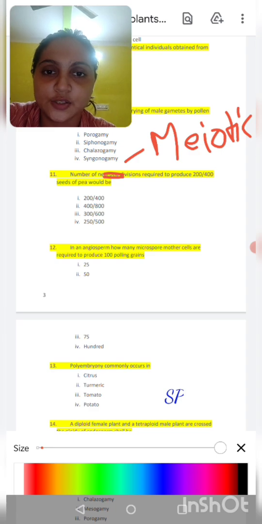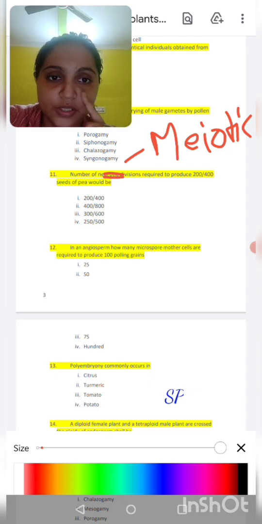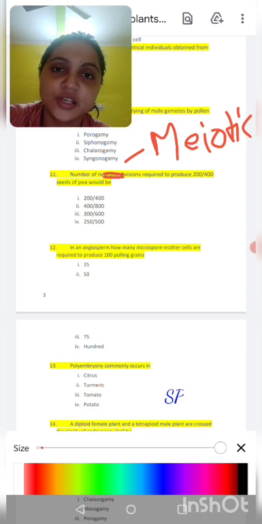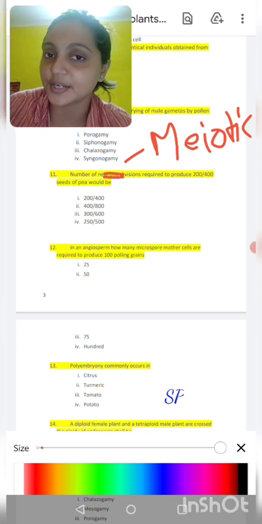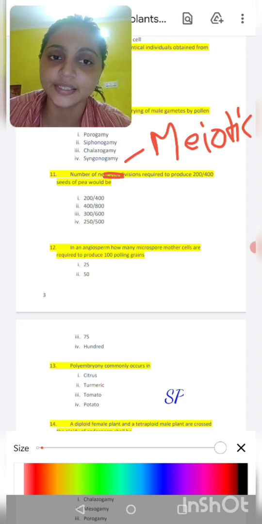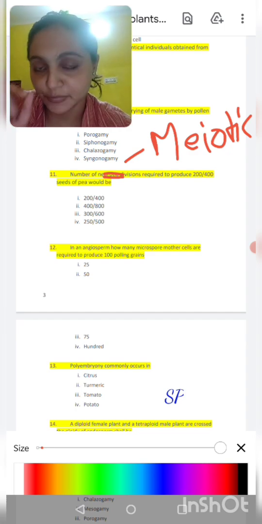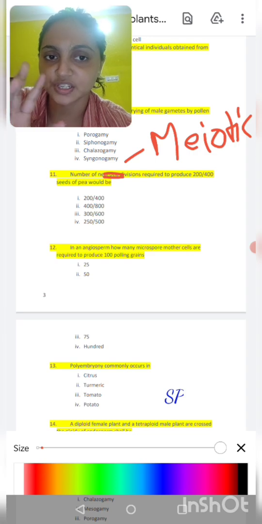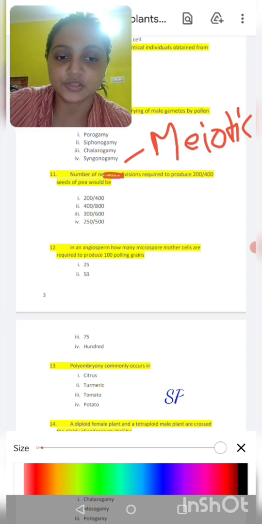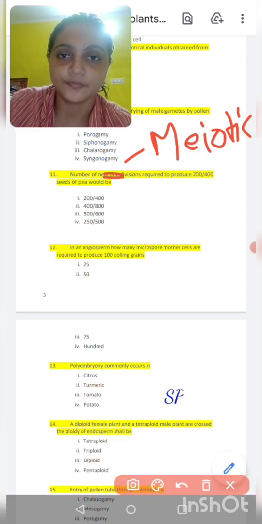The number of meiotic divisions required to produce 200 by 400 seeds of pea would be. This 200 by 400 is a ratio of the pollen grains and pollen grain mother cells, and the megaspores and megaspore mother cells. I am showing this on the board.